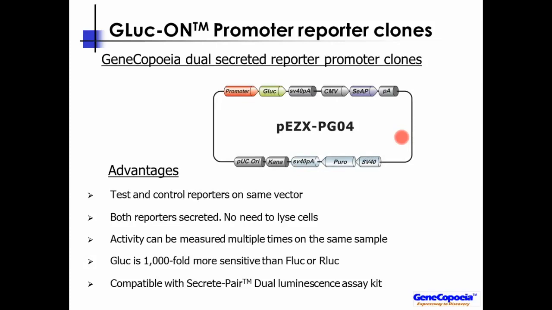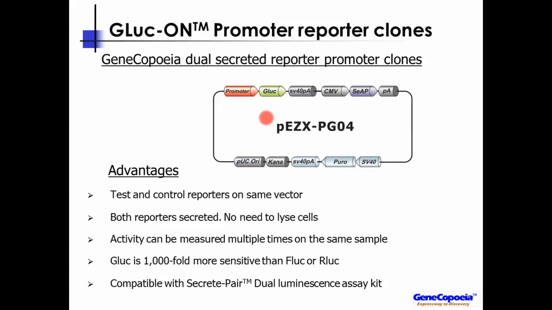However, we at GeneCopoeia have another product line known as the GLuc-ON dual secreted reporter promoter clones. And these have a number of distinct advantages. First of all, the promoter reporter readout is Gaussia luciferase.